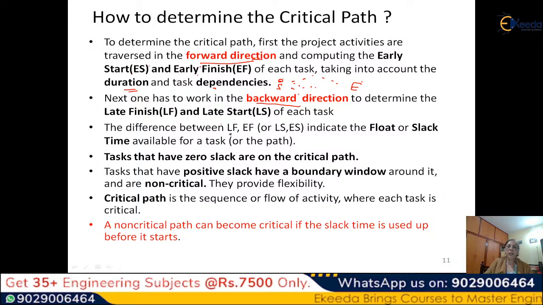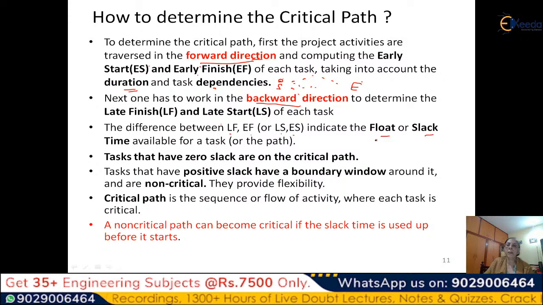The difference between the late finish and early finish, or the late start and the early start, will indicate float and slack. When we do this, we will find that somewhere these both are the same, but for many activities it is not the same. So we can determine the difference.